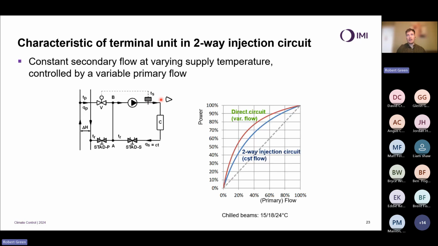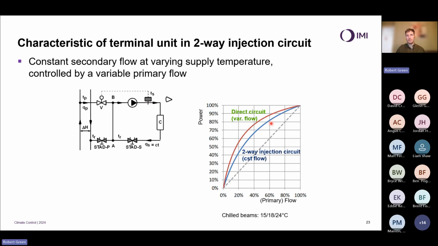And if we look at my flow versus power relationship for direct circuits and two-way injection circuits, you'll see this is a much flatter curve in this lighter blue color here. So my changes in flow give a lower change in power. So I can provide better control over these examples.